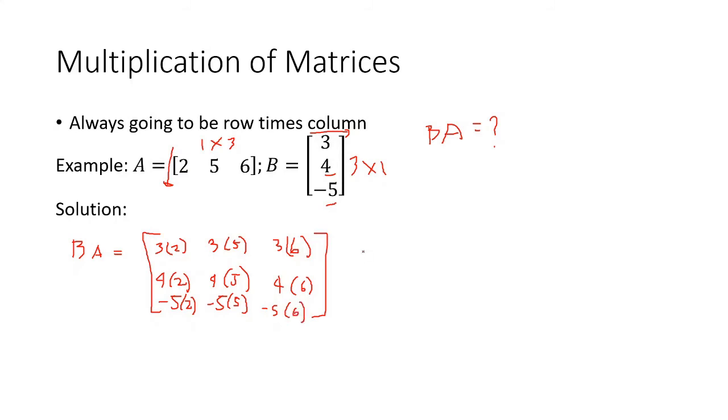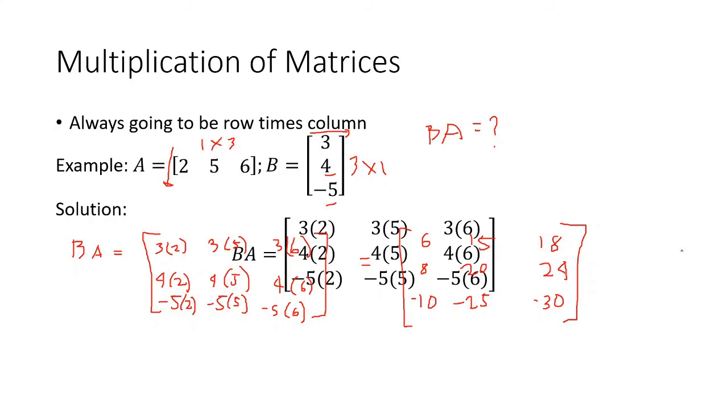So the answer for this is 3 times 2 is 6, this is 15, this is 18. Second row, 8, 20, 24. Last row, negative 10, negative 25, then negative 30.